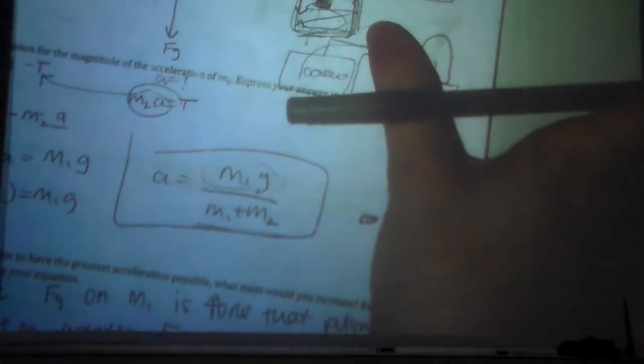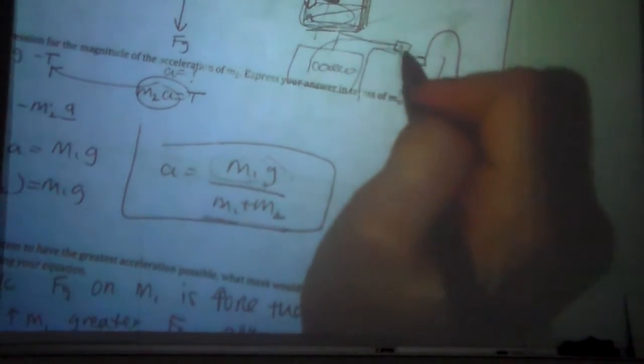We talked about in class yesterday, there's a limit to it. Like I could have 1 million pounds right here, a huge mass, and pull just 1 pound right here, and that's not going to be going at a crazy fast acceleration because the fastest acceleration it can get is just g. If you don't have anything, it's going to fall at g.